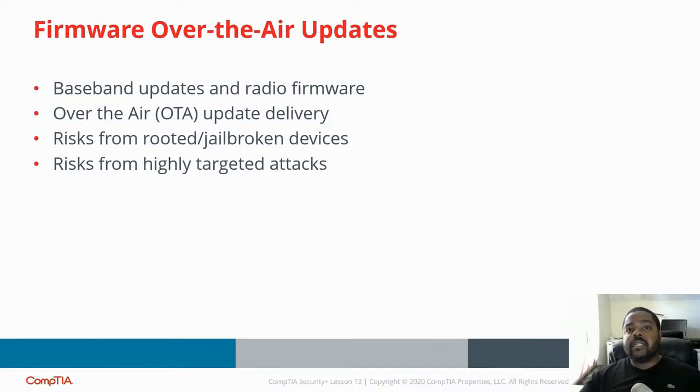You may get a little more functionality, so Apple may give you some new emojis, but if you really read what's going on with the updates, they're saying, hey, this update is to provide more security to the phone, basically. So just make sure that your users are updating their phones, connecting to a Wi-Fi connection, and pulling in all those over-the-air updates and updating the firmware.